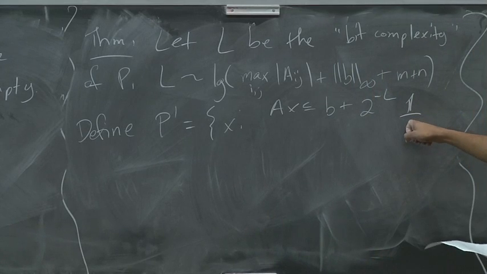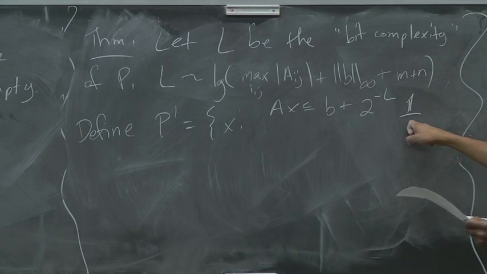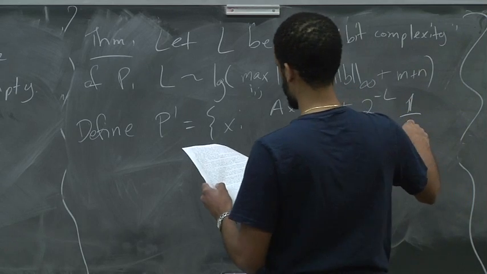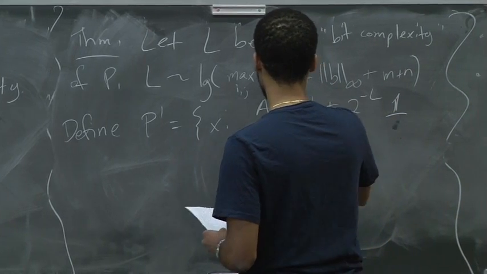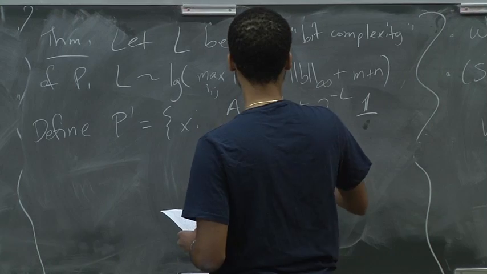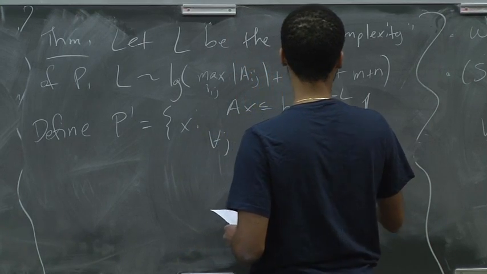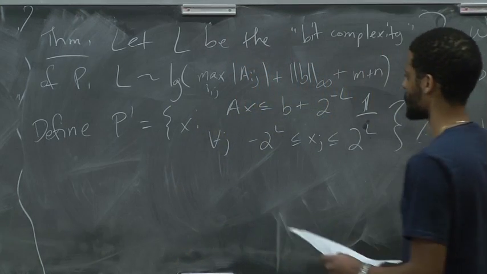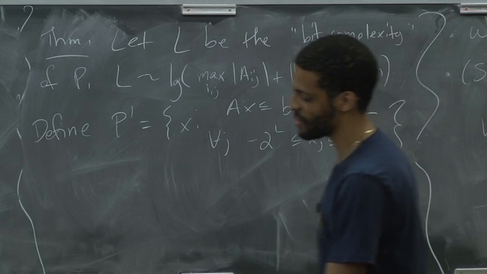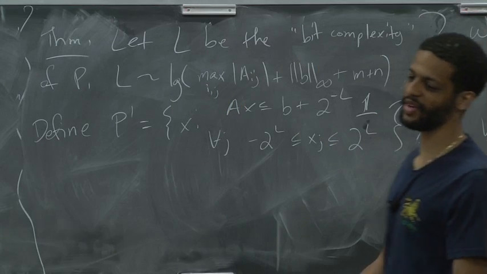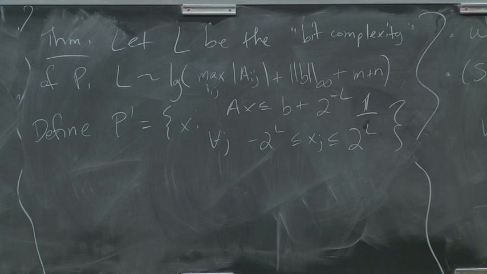So this is a vector that just has 1 in every entry. And you also add a constraint that for all j, minus 2 to the L is at most xj is at most 2 to the L. So now this polytope has some very small volume. I mean, it's exponentially small in L, but it's bounded from below. It's not 0.